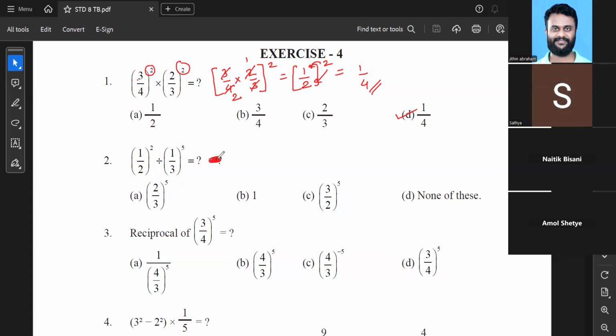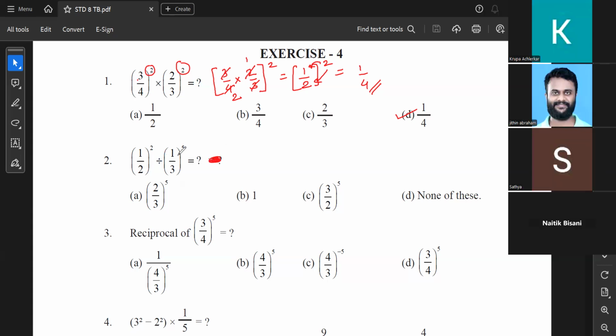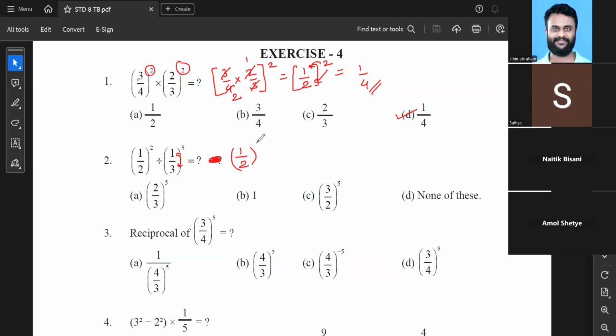While dividing the fractions, I've already taught you what you're supposed to do. You can convert this division into multiplication by simply taking a reciprocal of the second term. So you have to write 1 by 2 raised to 2 multiplied by 3 by 1 raised to 5. So that will give you 3 raised to 5 in the numerator and 2 raised to 2 in the denominator.